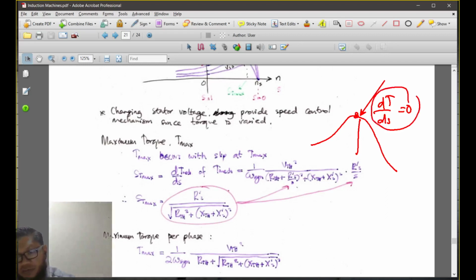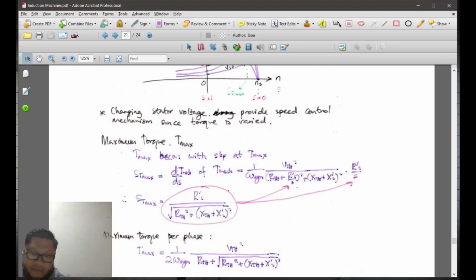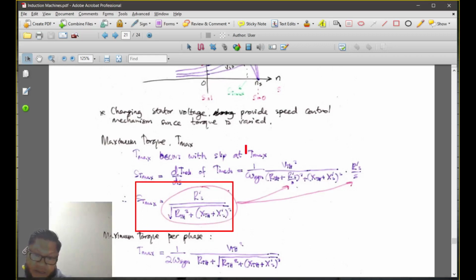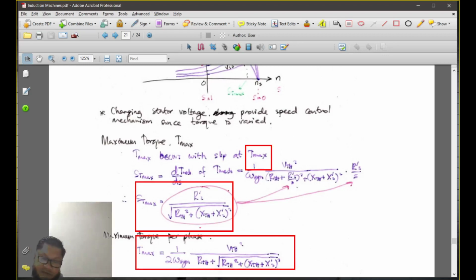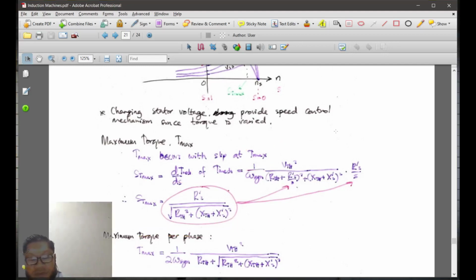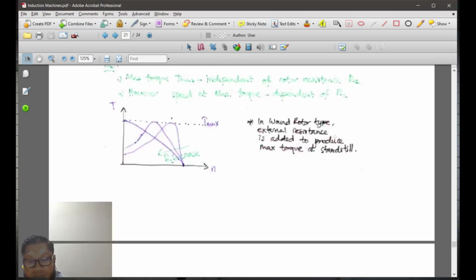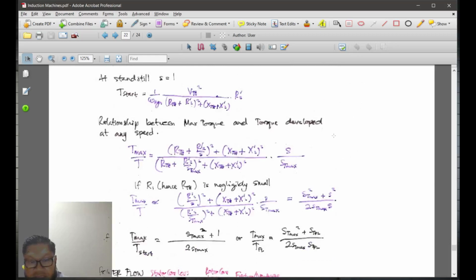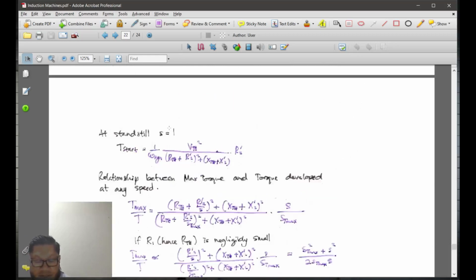At that point, if you differentiate, you get that. This is always the slope, therefore you set that to 0, and that gives you the Tmax equation. For three phase, you just simply multiply by 3 here. Setting S equal to 1, you get the equation here.